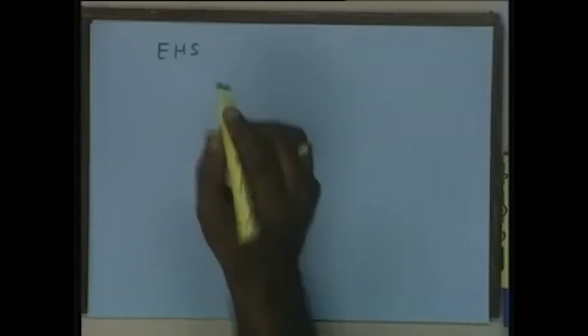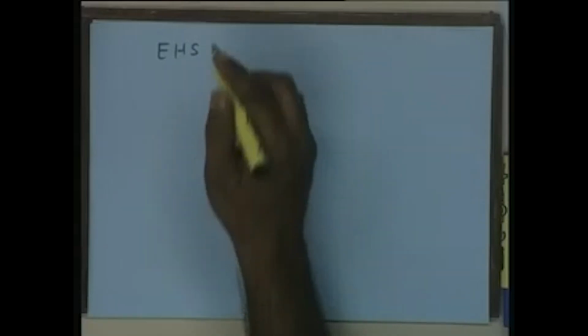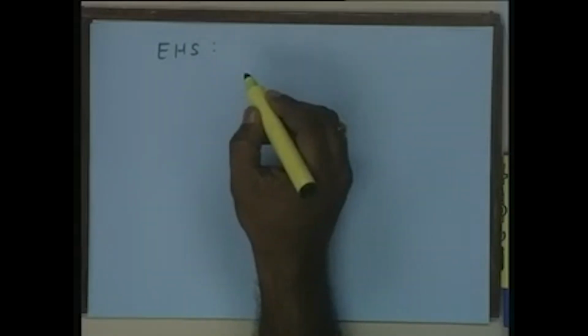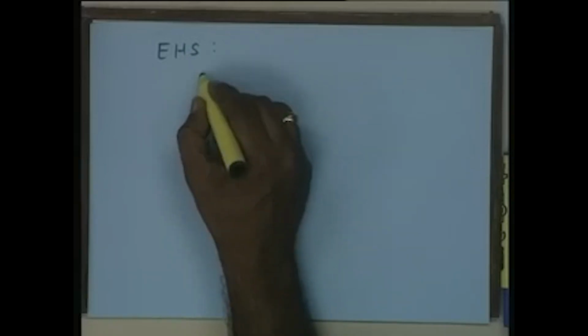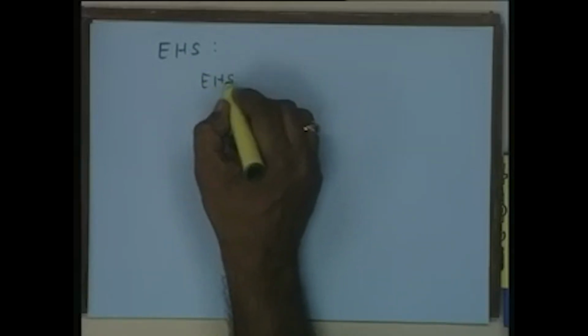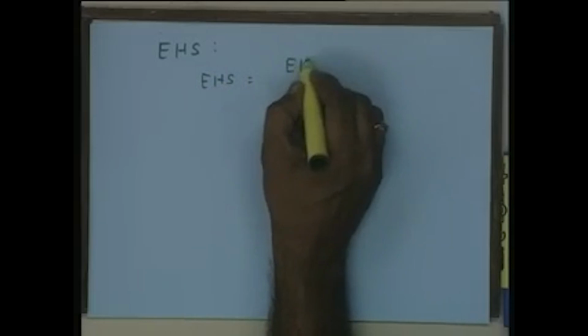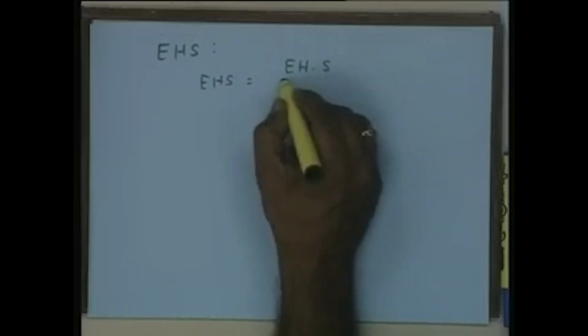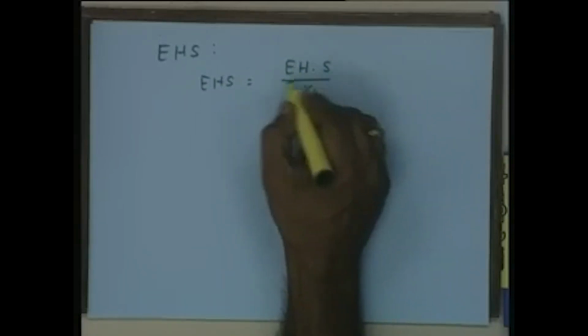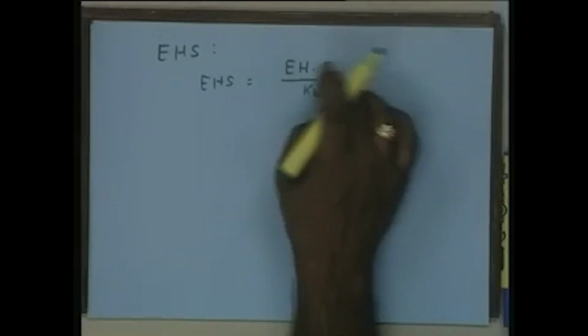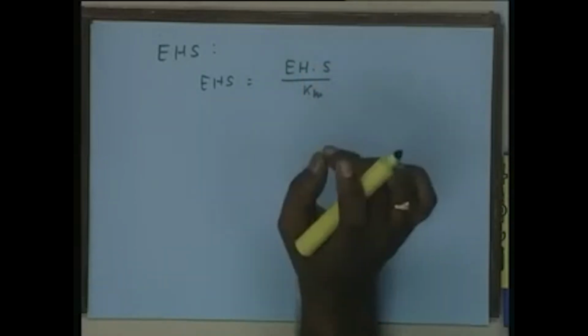Now, let us consider the first one, in the case of EHS, that means the interaction of the EH with the substrate, we can write the concentration of EHS will be equal to EH into S upon Km. Now, I am omitting the parentheses to denote the concentration term. Essentially, these terms represent the concentration terms.